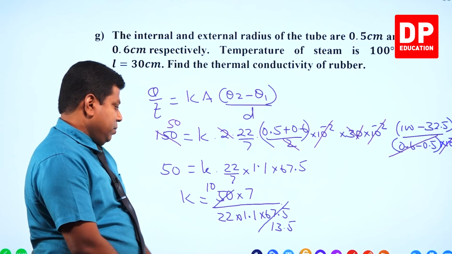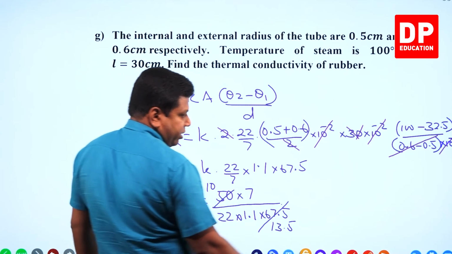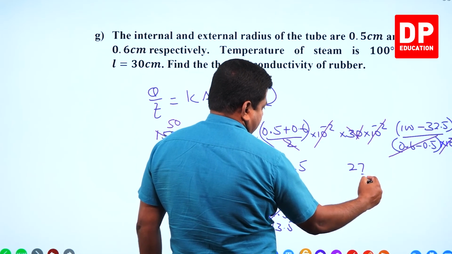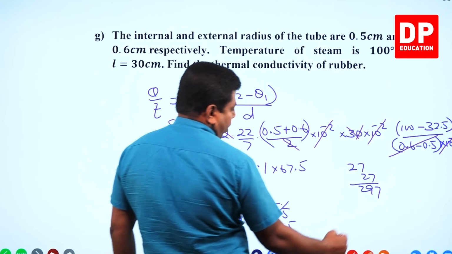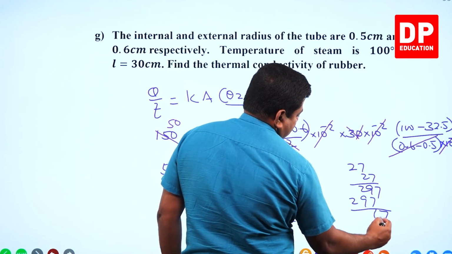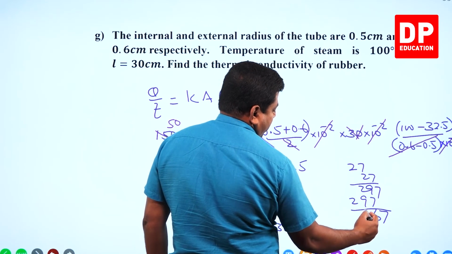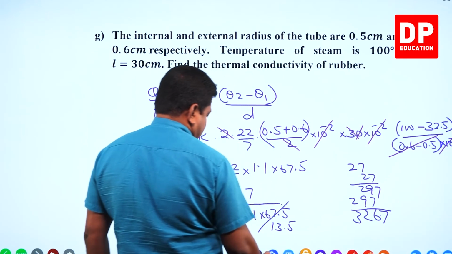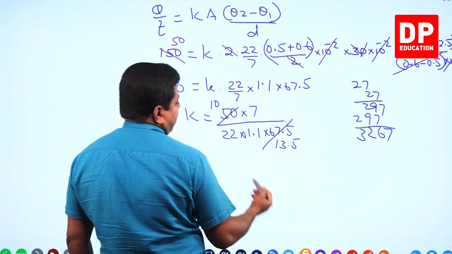Now let's multiply and see. The numerator is 70. The denominator has to be 13.5 into 22, which is 297, into 1.1, which is 326.7. You get 70 by 326.7.